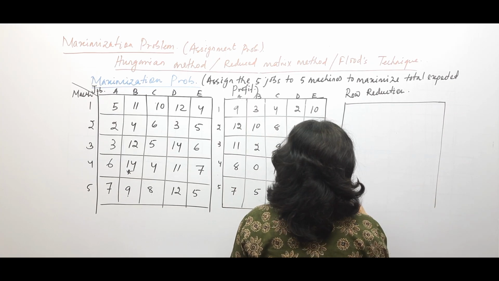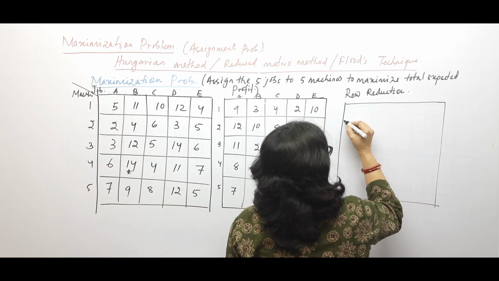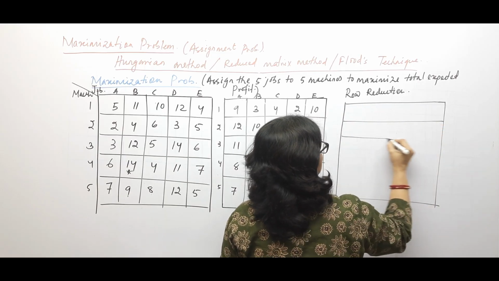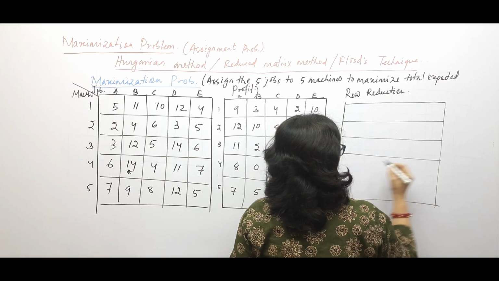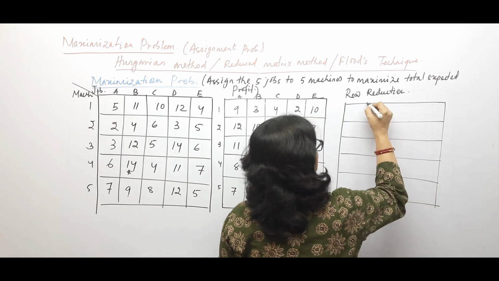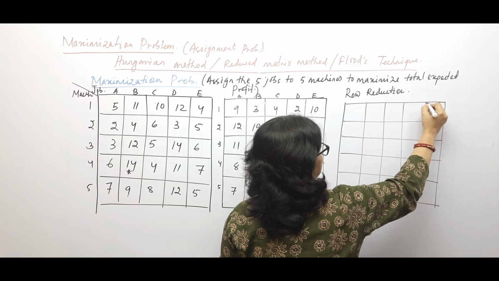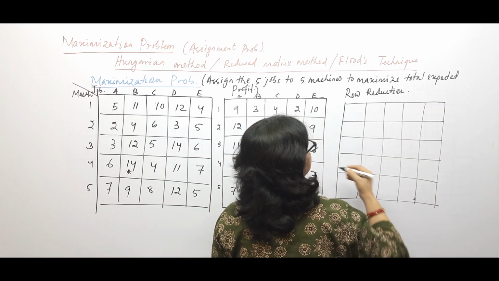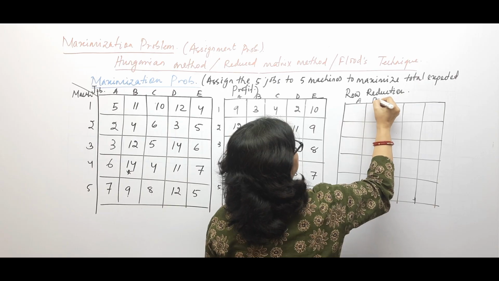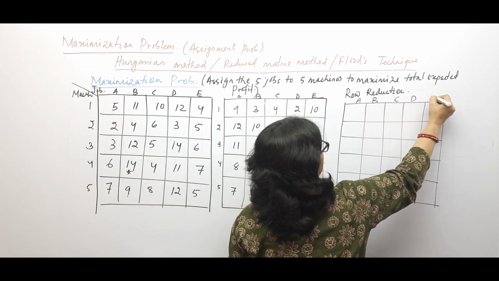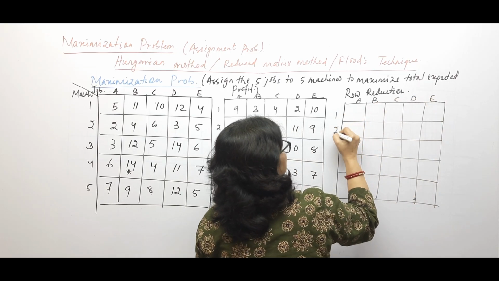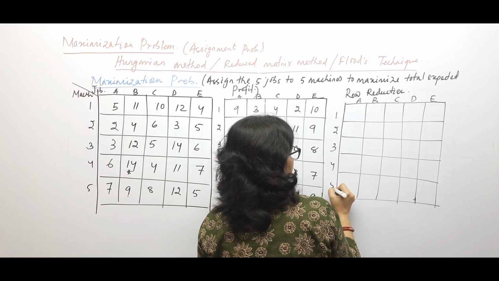Let us see this. The rows are A, B, C, D and E, and the columns are 1, 2, 3, 4, 5.